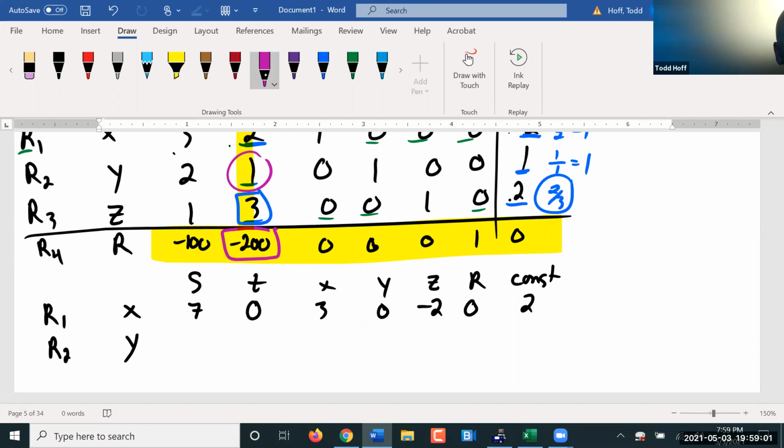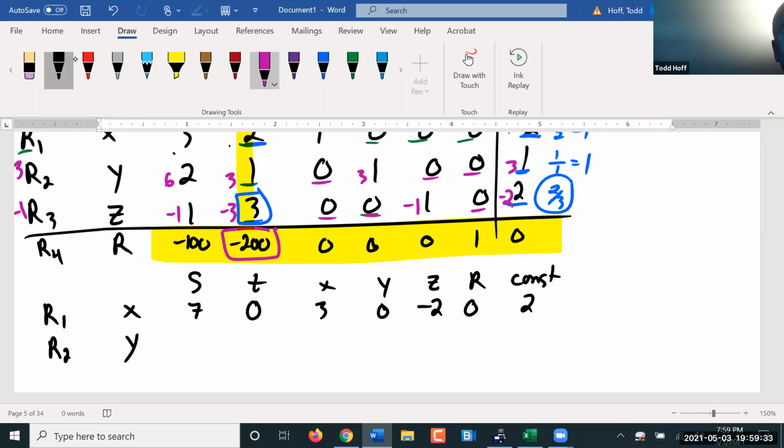So I'm going to multiply row 2 by 3 and row 3 by -1. So 2 times 3 is 6, 1 times 3 is 3, 0 stays, 1 times 3 is 3, 0 stays, 1 times 3 is 3. In row 3, -1 times 1 is -1, -1 times 3 is -3. Again, those two add to 0, which is what we're shooting for. 0 stays, -1 times -1 is -1. 0 stays, 2 times -1 is -2.